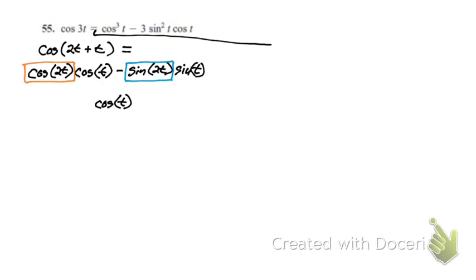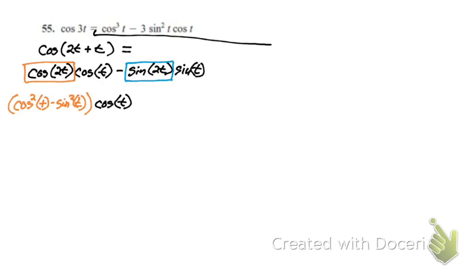So that leaves us with one option left, and that is to change this to cosine squared t minus sine squared t. Now I ask myself, if I multiply cosine t by cosine squared t, I'm going to have cosine cubed t. Hey, I have a cosine cubed t. Awesome.